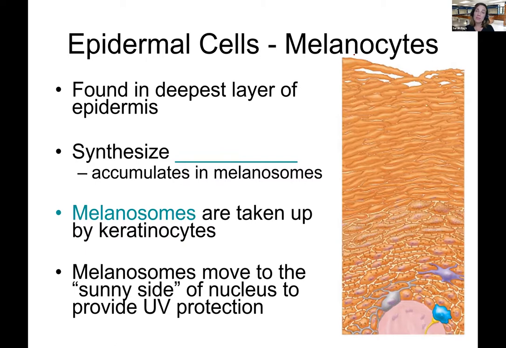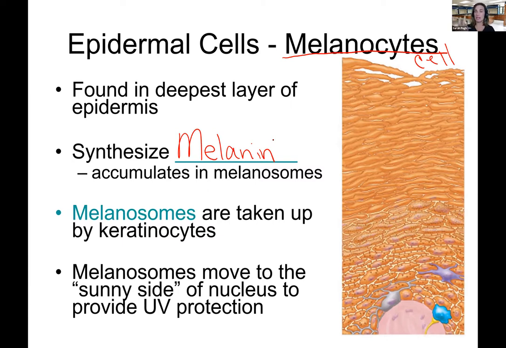Another kind of cell that we'll find in the epidermis is our melanocytes. Now again, cyte means cell. So melanocytes make melanin, right? Keratinocytes make keratin, melanocytes make melanin. Now I mentioned melanin already.